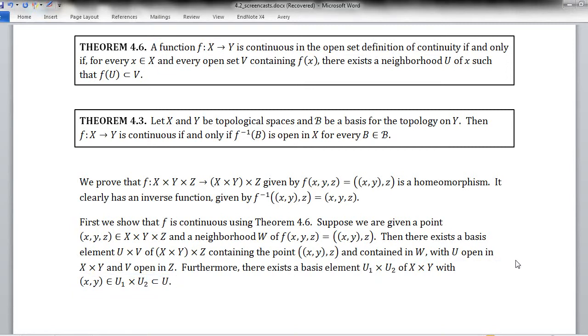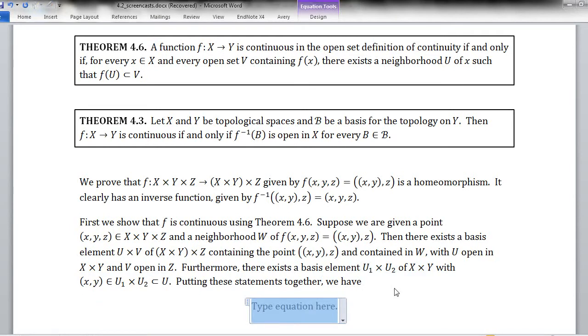Okay, and leaving it implicit here that u1 is an open subset of x and u2 is an open subset of y. Right. Okay, well, putting these statements together, we have what? Well, we're interested in this point here.